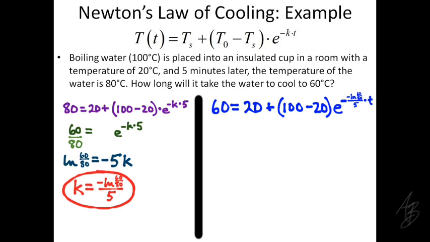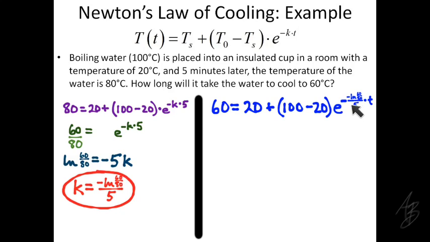Then what we'll do is we will take the particular situation that we're looking for. In this case, we want a final temperature of 60 degrees Celsius, and we'll plug that into the formula. So we want a final temperature of 60, and we want to solve for T, and we plug in all of the appropriate information in here. Notice also that we plugged our K value in right there.